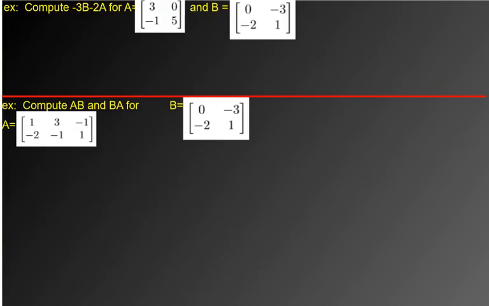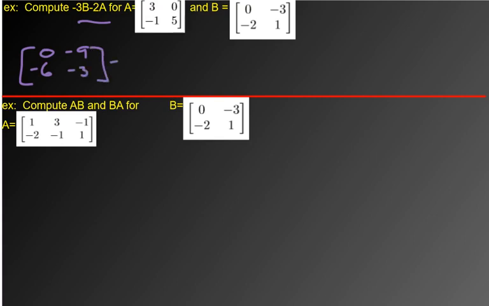All right, so another thing you want to make sure you know how to do is the basic arithmetic with matrices. So I could ask you something like, calculate minus 3b minus 2a. Minus 3 times b would just literally be 3 times every part in there, so you get this.